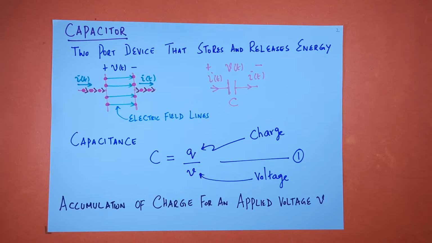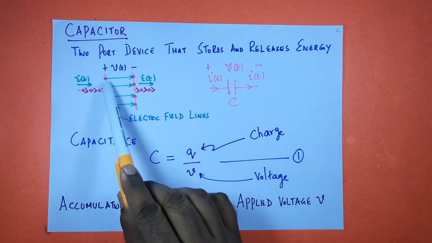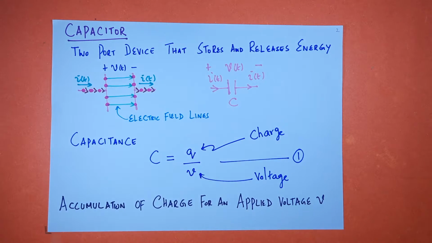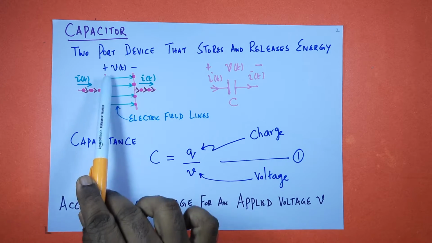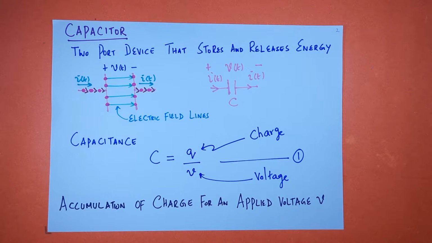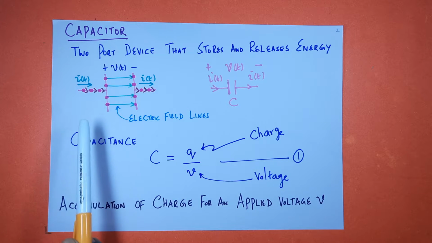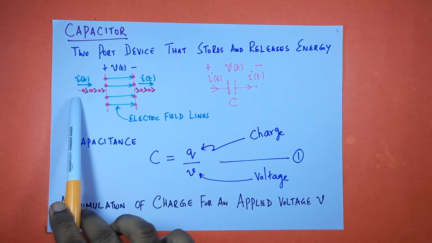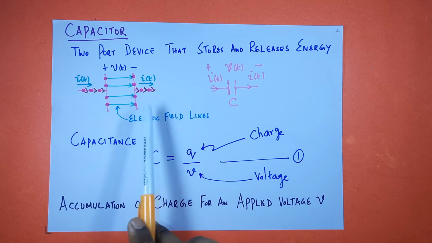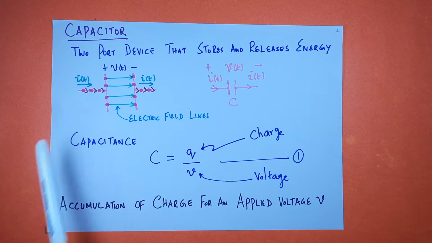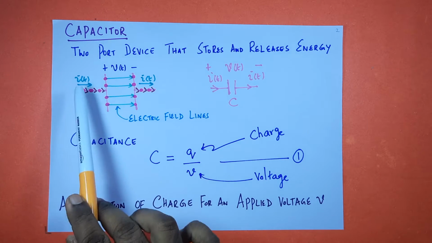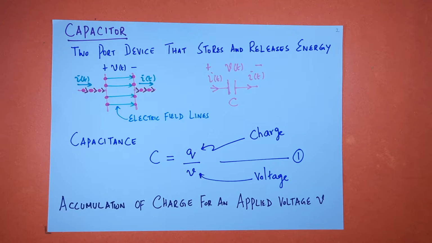Capacitor you may be knowing very well. It is two parallel plates. In between the parallel plates, you have the dielectric or insulating material, right? So, this is one parallel plate, this is another parallel plate. The voltage across the capacitor is V of t. Now, the current flowing through the capacitor is I of t. This current flow accumulates charges on the capacitor.